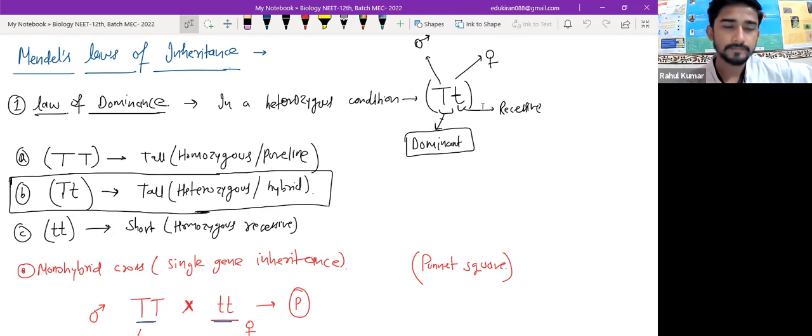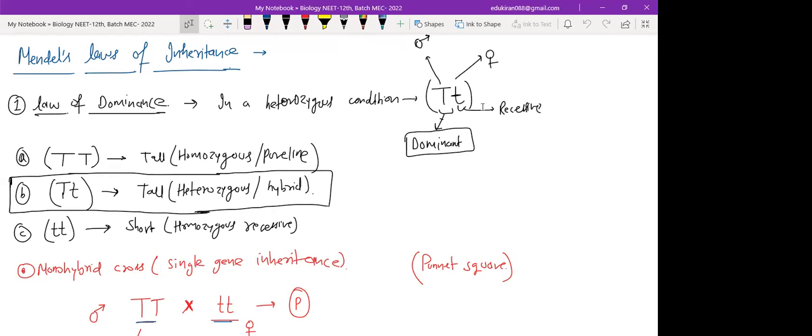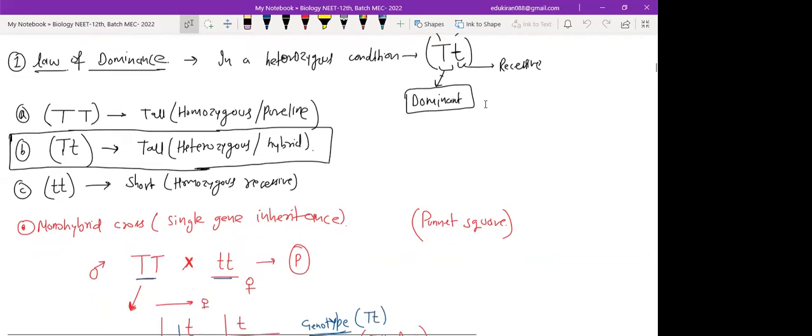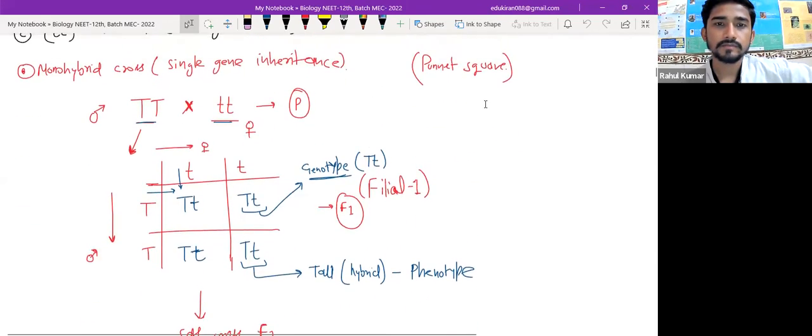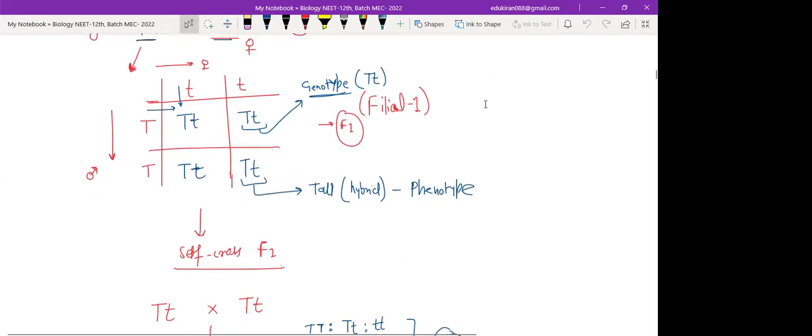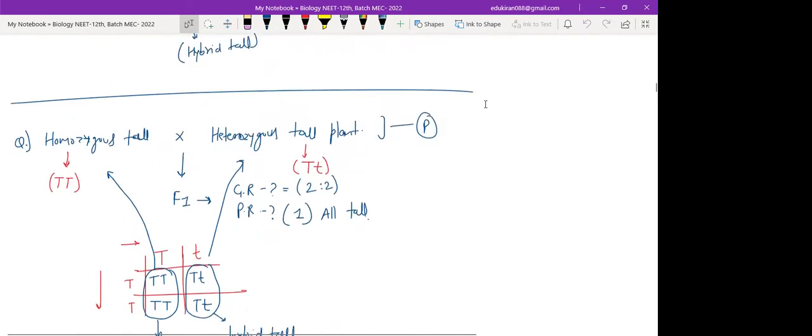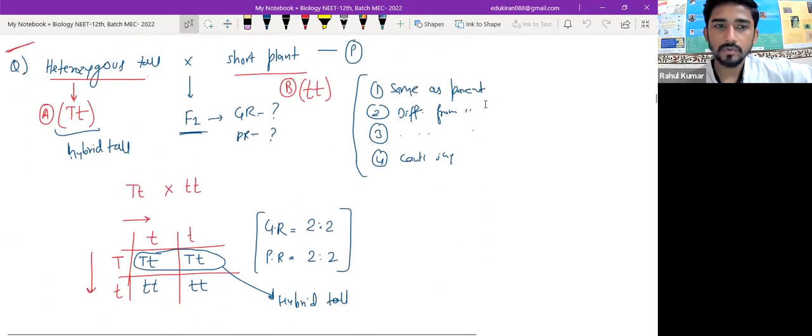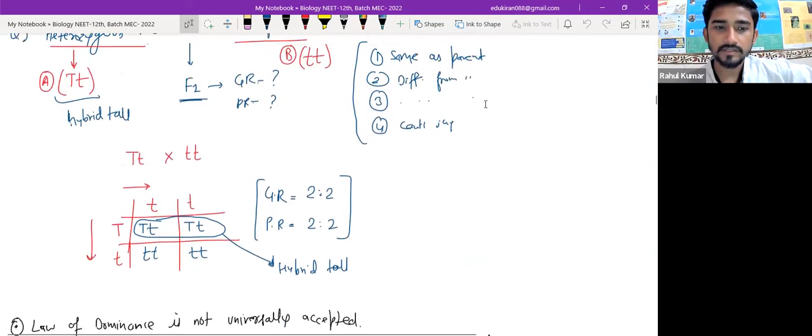Yes. Then we did dominant trait and recessive trait. So you understood how to do crosses for one gene inheritance?